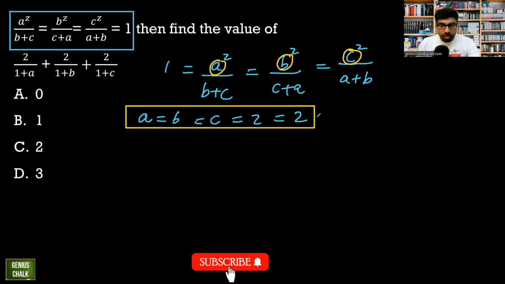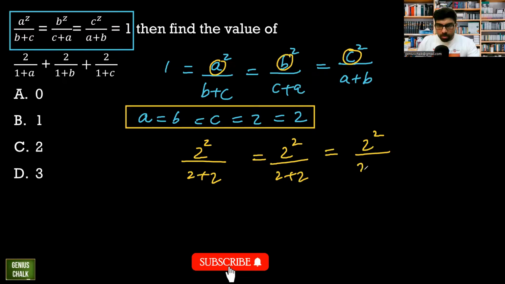So will they all be equal now? You see, this is equal to 2. Now you put it here. If I put a as 2, so 2 to the power 2 by 2 plus 2. Similarly b, 2 to the power 2, z also 2, so 2 plus 2, and 2 square by a plus b also 2 plus 2.